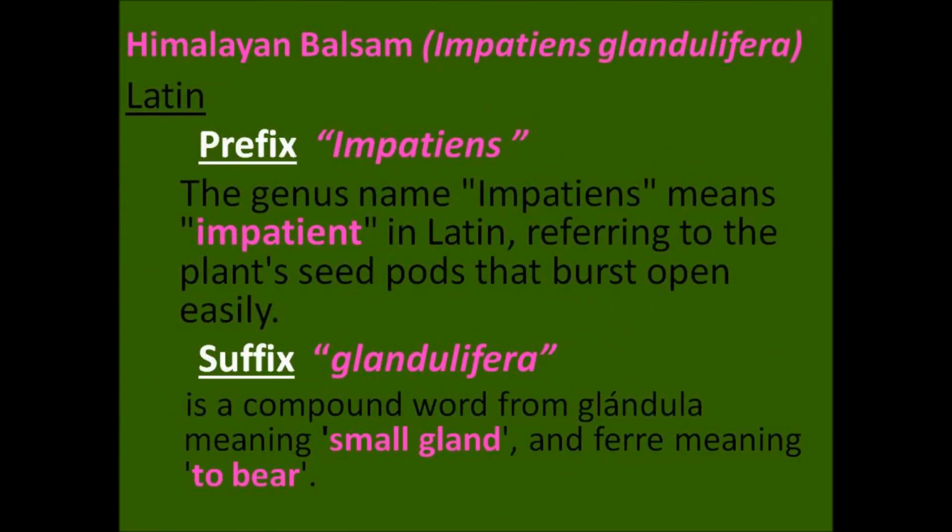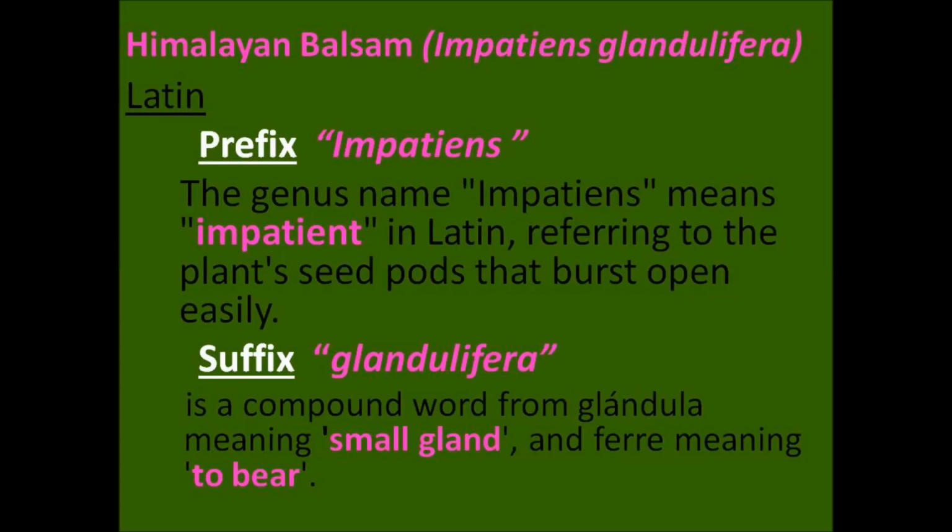Turning to the Latin binomial, it is thought the term impatiens comes from the word impatient, referring to the plant's seed pods that burst open easily. The term glandulifera is a combination of the word glandular, meaning small gland, and fera, to bear.